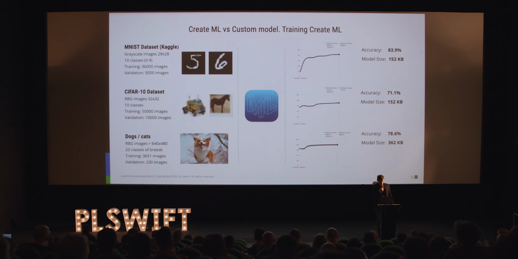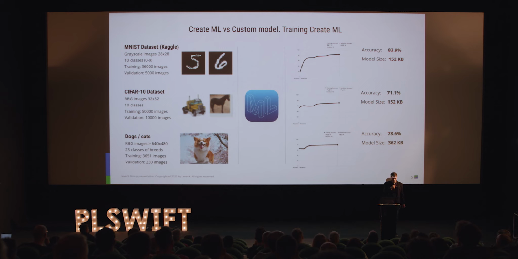For the second one, the accuracy is lower because, as I mentioned, it's hard even for a human to recognize some cases. But the model size is the same, right? So that's interesting. On the last one, the accuracy is also around 80, and the model size is twice as big.